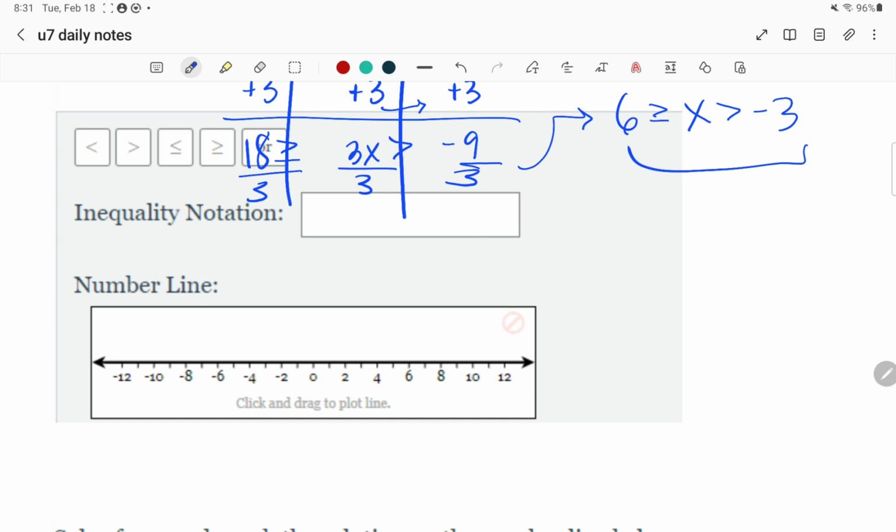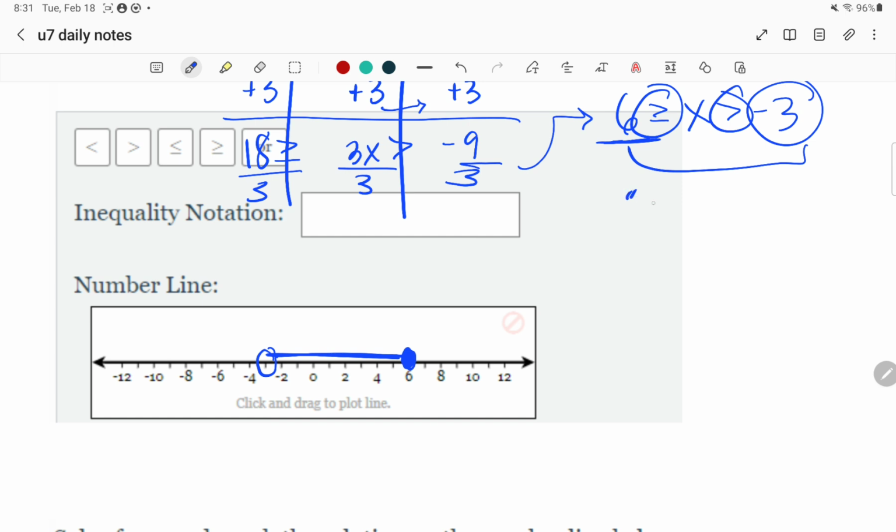So I'm going to go -6, or +6, excuse me, the 6. And I know that it's going to be a closed circle. And then I'm going to go to -3. And I know that's going to be an open circle because of that symbol. And I'm going to put a line through the middle like that. Just like that.